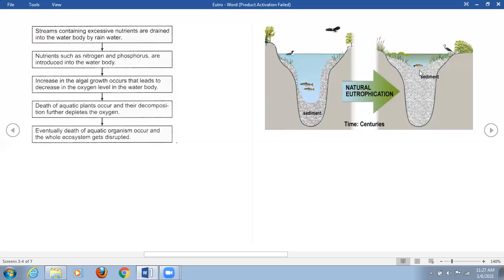So this particular lake gets barren, and when it gets barren, it does not support aquatic life.